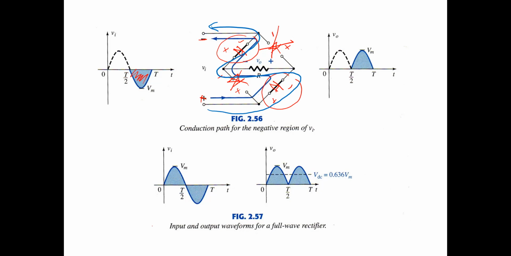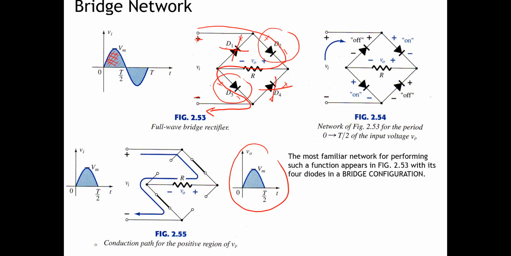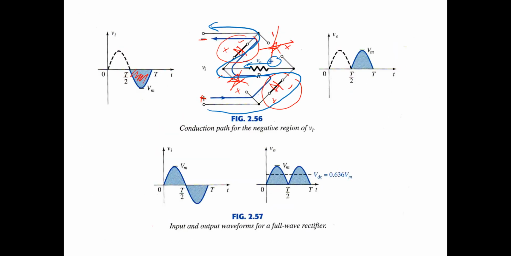So we can see that the current flows in the resistor in a similar way. I mean from the right-hand side here to the left side. In this one also, from right to left. So the current flow in the resistor has a similar magnitude.